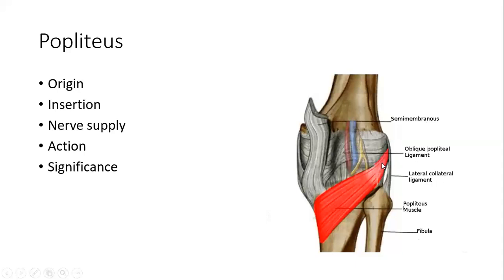Since its tendon is intracapsular, some of its attachments are also into the capsule of the knee joint. This muscle is supplied by a branch from the tibial nerve, which is itself a component of the sciatic nerve.